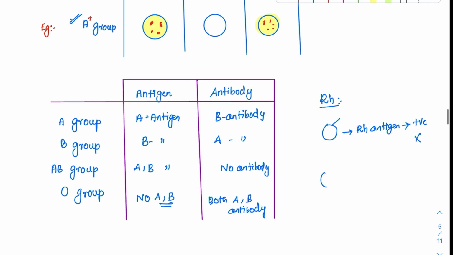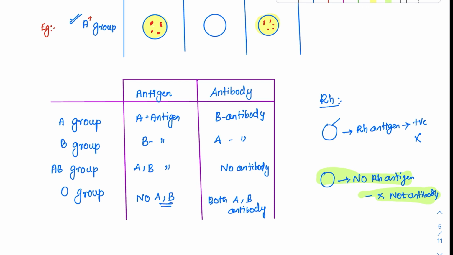For example, if somebody has no RH antigen, according to our general rule, there should be an RH antibody. But even though there is no antigen, there is also no antibody. No RH antibody is seen in this person. So this is an exception to the ABO system. In the ABO system, if a particular antigen is absent, then the corresponding antibody will be present in the blood.